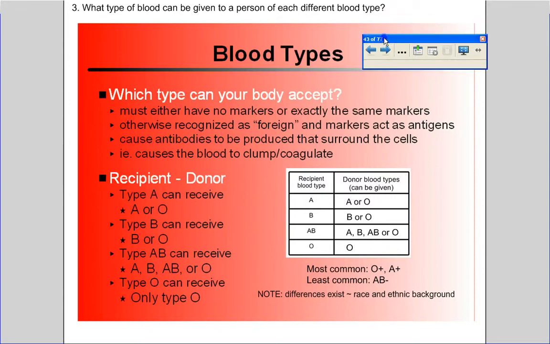So which type can your body accept? If you are type A blood, then you would have to get the same markers on the blood that's coming into you, or blood that has no markers.